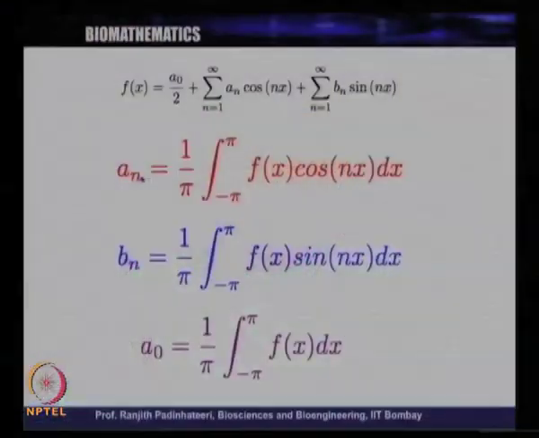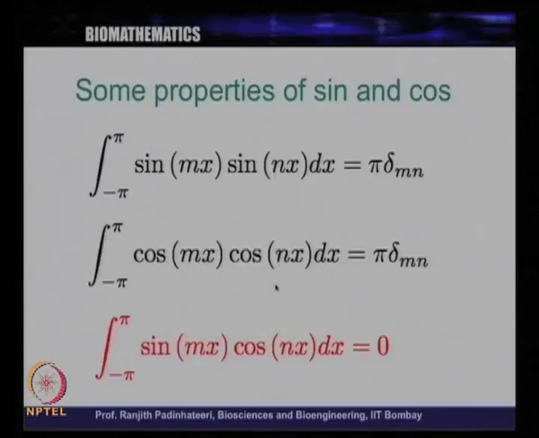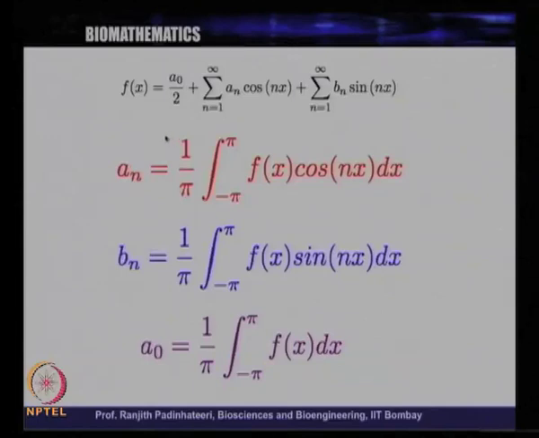So do this yourself. Take this particular result, substitute the right-hand side instead of f(x) here, expand it and use these three properties, and you will see that you indeed get a_n, b_n and a_0. Okay.